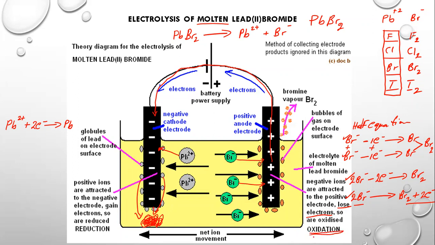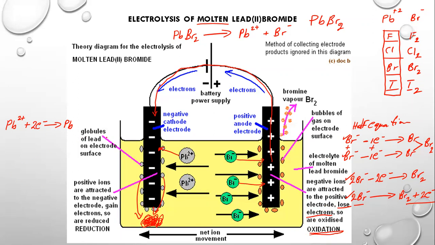We haven't spoken in detail about oxidation and reduction as yet, but just remember this for the purpose of this chapter; we will talk about oxidation and reduction properly later on. Whenever electrons are lost, oxidation is the process that is taking place.